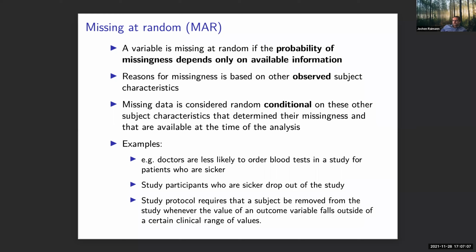At this point, we can essentially restrict the reasons for missingness to the subject characteristics, and we have them available at the time of analysis, which kind of puts us at an advantage because we understand the missingness and we know what caused it.